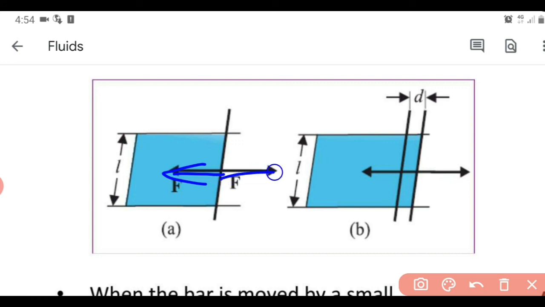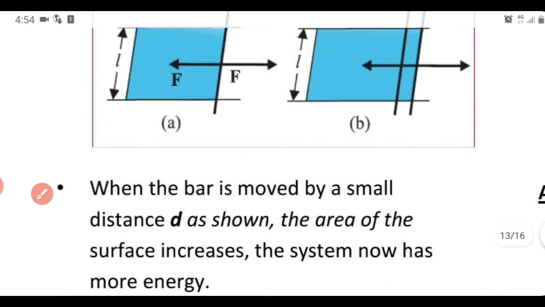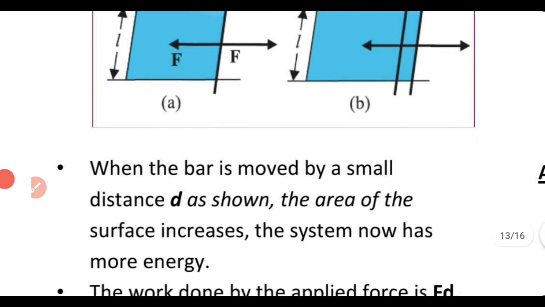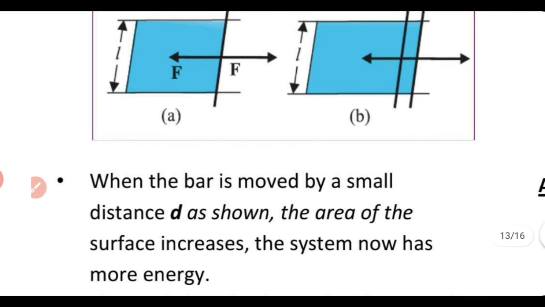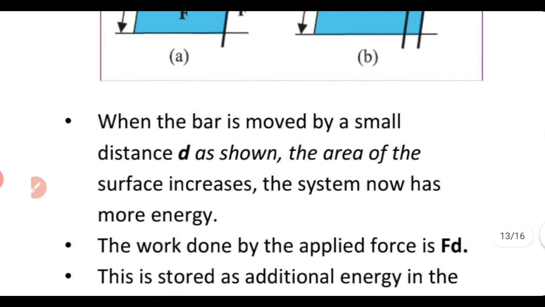The applied force should be at least equal to the force due to surface tension. Here we assume the applied force to be F. The distance through which the movable side is moved is d, so the displacement is d and the work done is F into d.